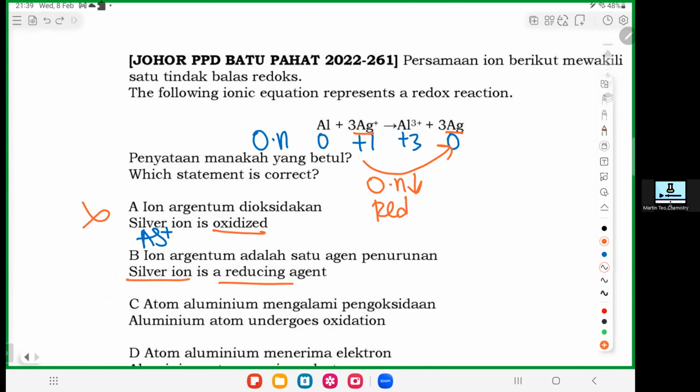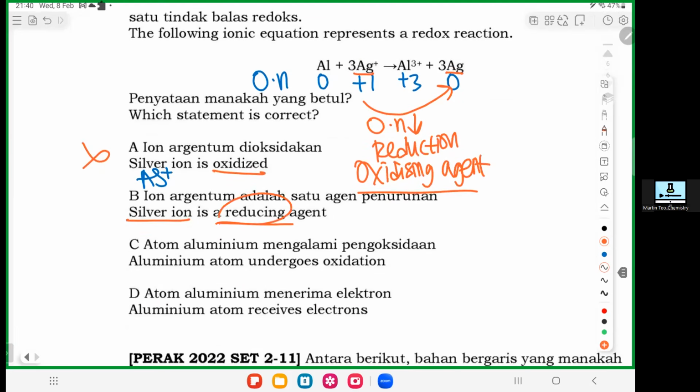Silver ion goes from +1 to 0, the oxidation number goes down, it undergoes reduction. When you undergo reduction, you are the oxidizing agent. You are always the opposite agent for the process that you undergo. You undergo oxidation, you are the reducing agent. You undergo reduction, you are the oxidizing agent. So the answer should be oxidizing agent, but they say reducing agent. Wrong.